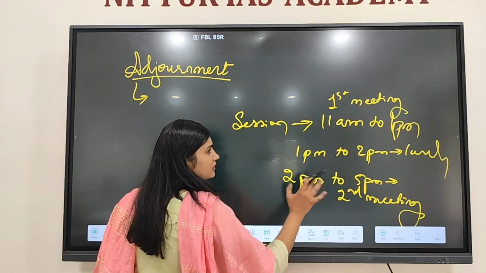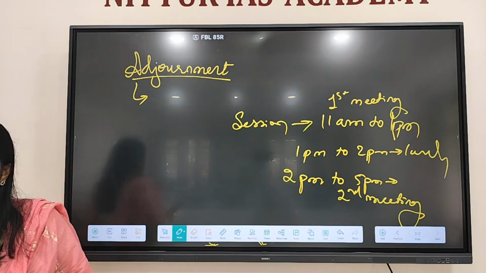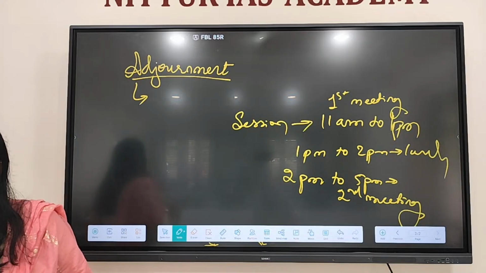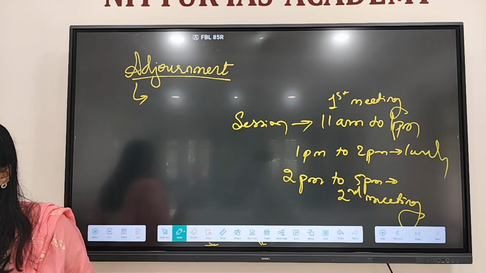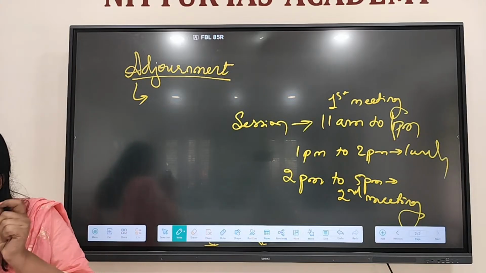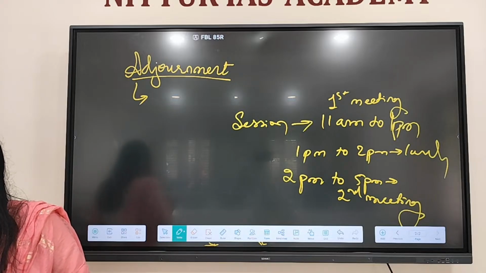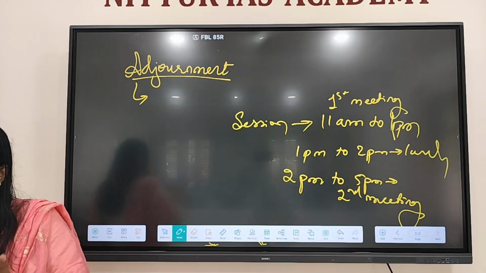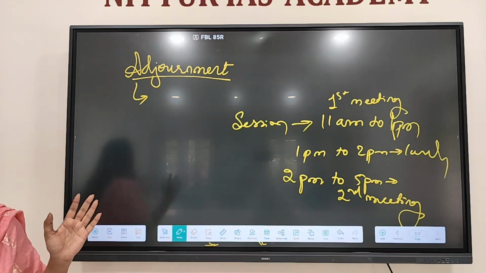In between this, the presiding officer can tell adjournment, means stopping for a temporary period. It might be hours, it might be days also. A specific time will be postponed. All these meetings will be postponed.